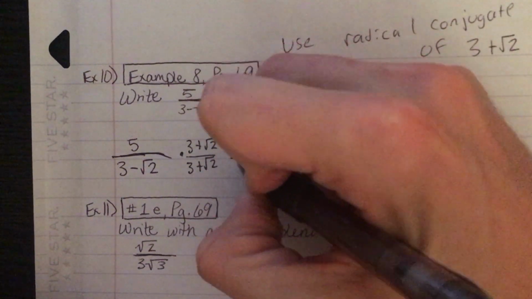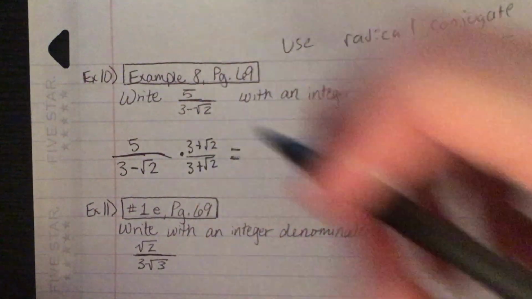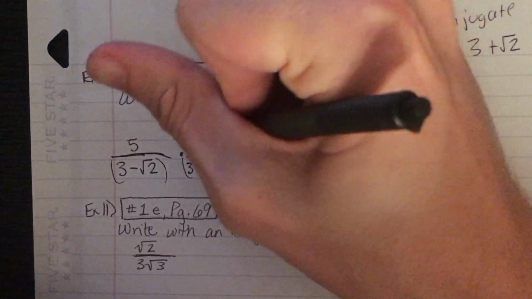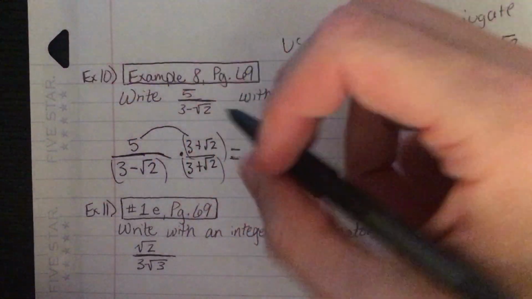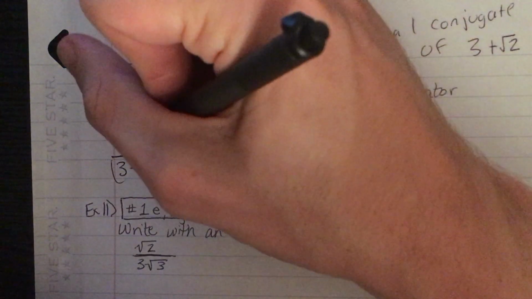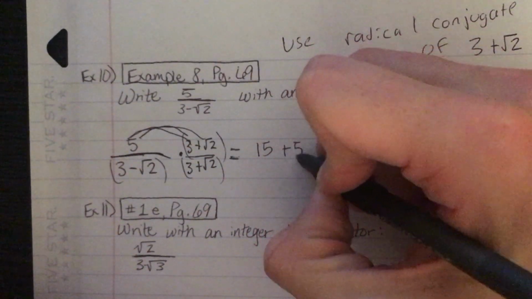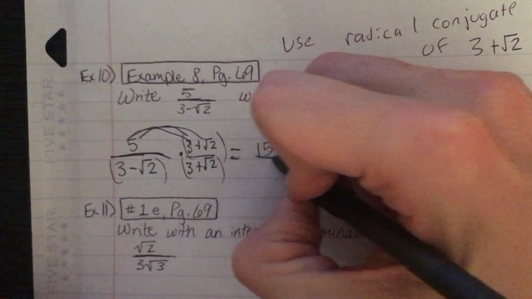And so when we multiply here, you can start top or bottom, it doesn't matter to me. So 5 times 3 will give me 15. 5 times the square root of 2 will give me 5 square root of 2.